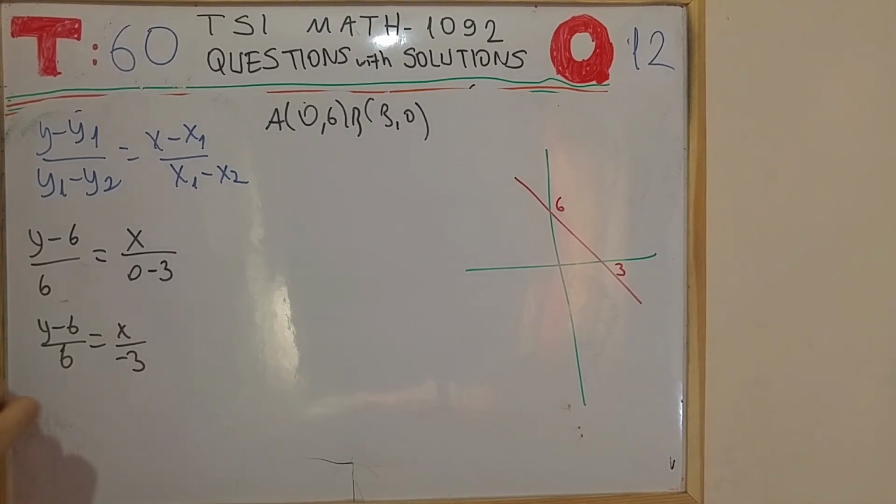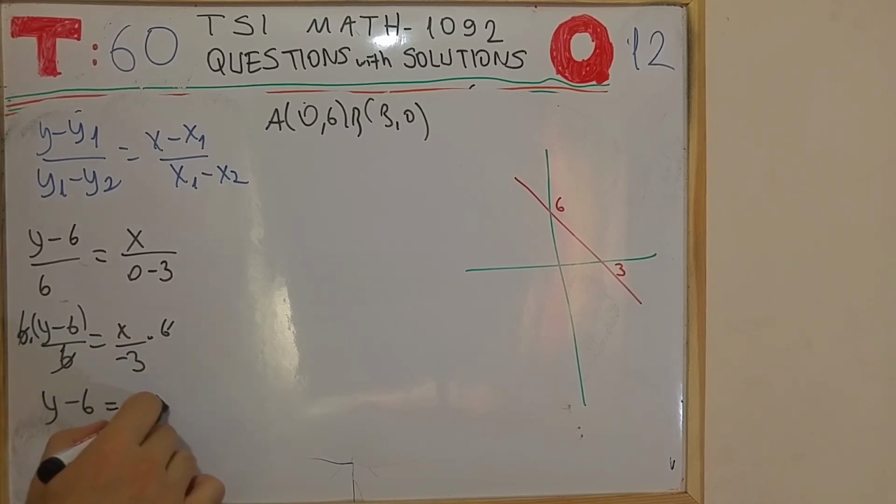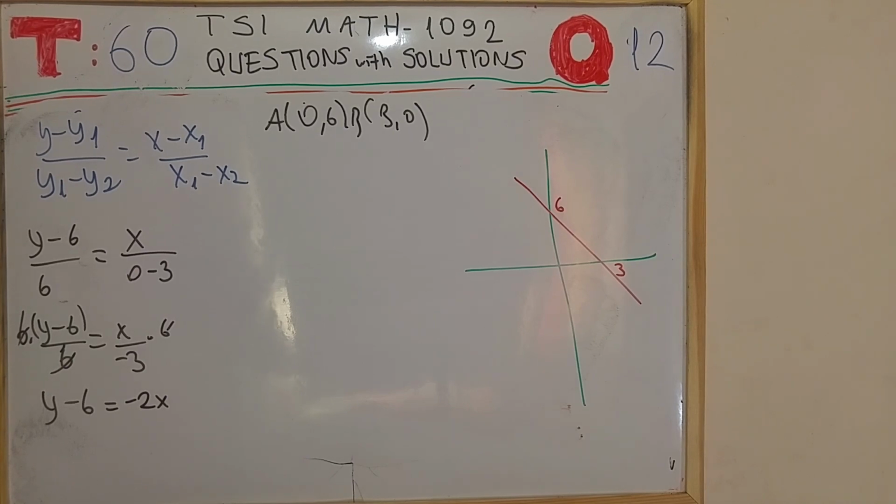When I multiply each side by 6, what I have is y minus 6 is equal to minus 2x. In this question, the choices are in a layout where the number is at one side and x's and y's are in the other side.